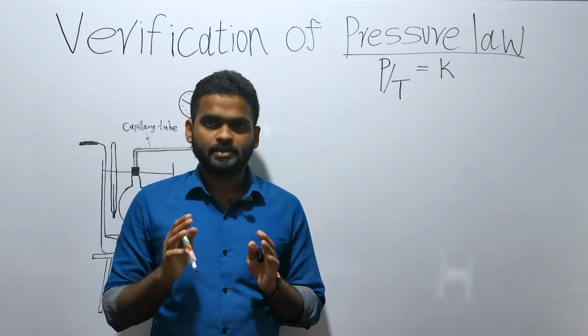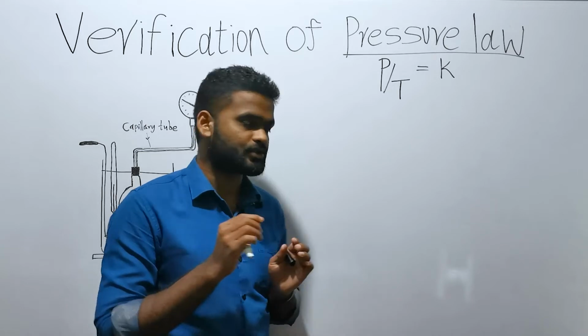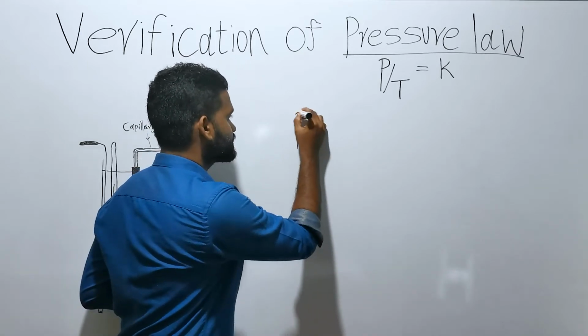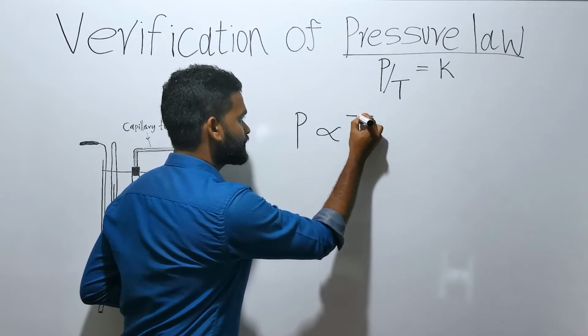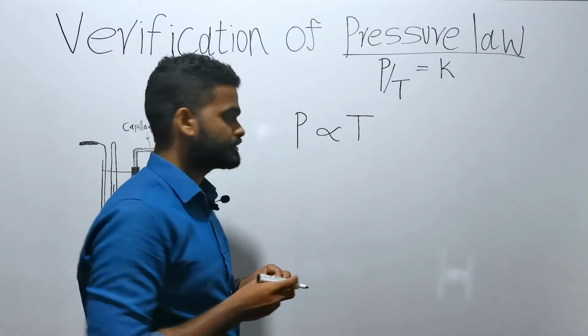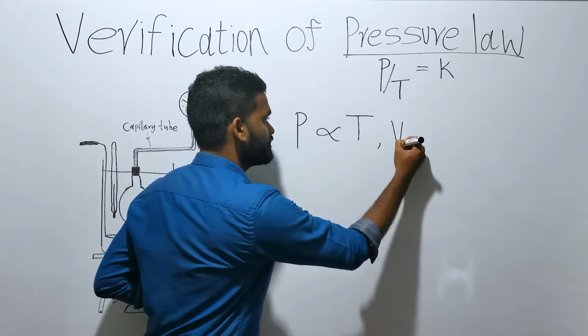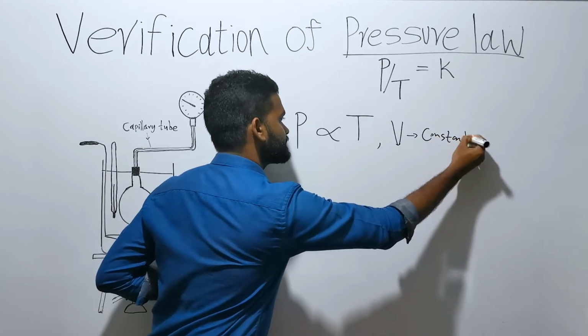According to the pressure law, pressure is proportional to absolute temperature, given that the volume of the gas is constant. So the volume of the gas should be constant.